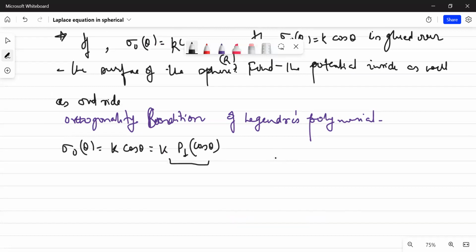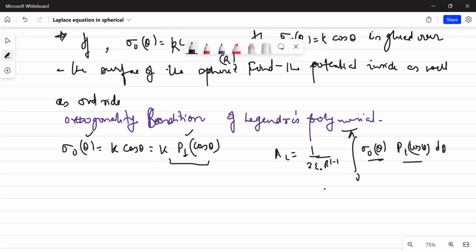So होता क्या है, for example, I know that my AL is given by 2 upon epsilon naught r raised to power L minus 1, something that I've derived, integral 0 to pi, and then you have the sigma naught theta, and then this PL cos theta d theta. From the structure of this sigma naught, you know that your sigma naught is P1 cos theta.